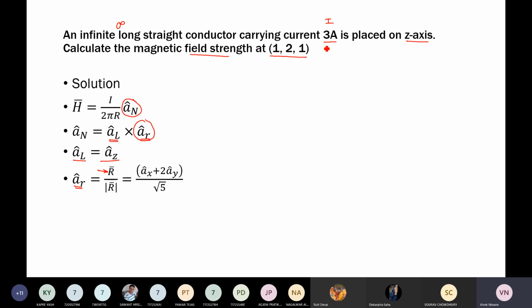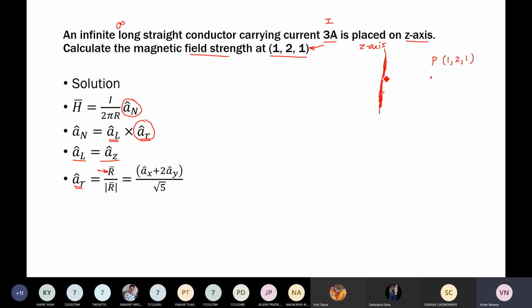Do remember that here we are given with the Cartesian coordinate system 1 2 1. Okay, so we do have, sorry, ठीक है, थोड़ा सा curvy आ गया z axis. We do have z axis and we have placed our conductor along the z axis. Okay, assume that this is a straight line and we have observation point P 1 2 1.